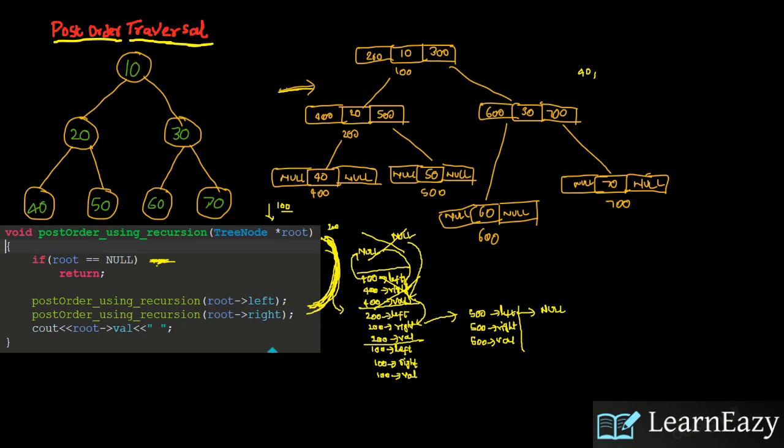So null double equals to null, then this stack record will get deleted and it returns back to here, 500 right.